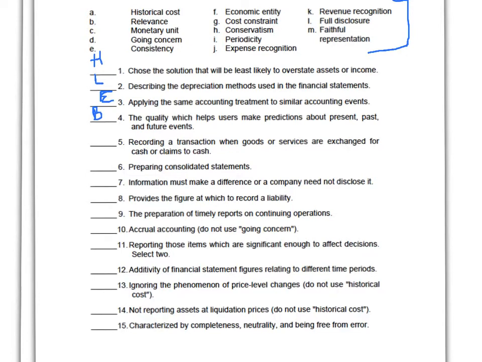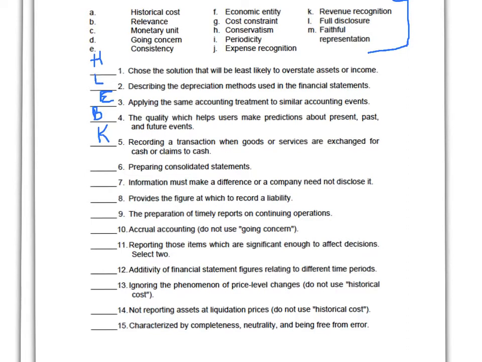Number 5 says recording a transaction when goods or services are exchanged for cash or claims to cash. That has to do with when we've recognized revenue, and I think K is the best answer there. We recognize revenue when it's realized, when there's been a transaction and there's been an exchange for cash or claims to cash.